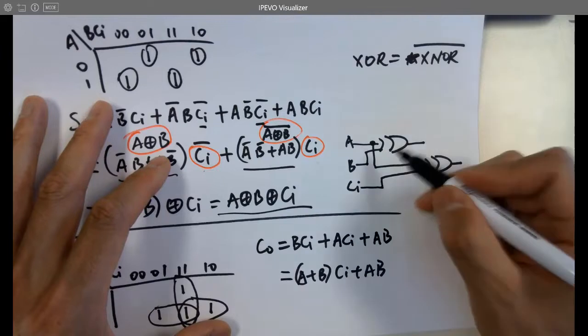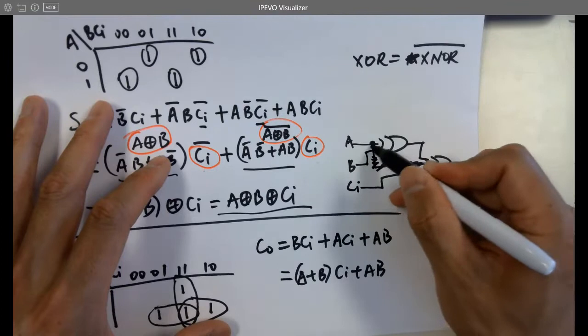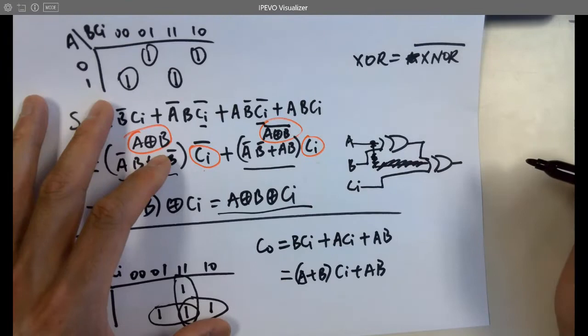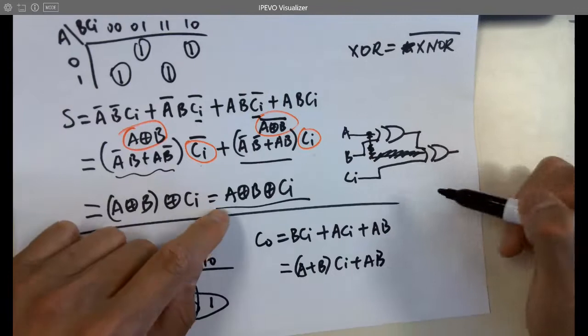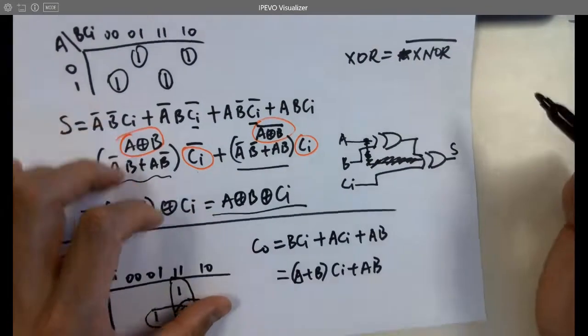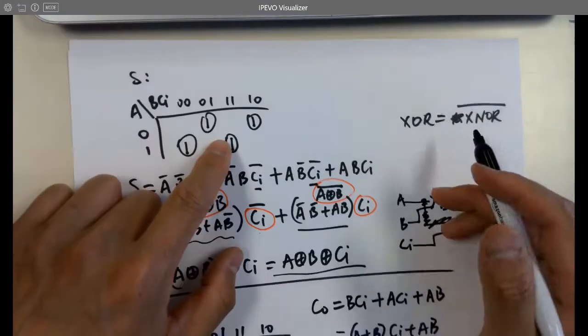Wait, what am I doing here? Sorry. So what's the final output here? So A XOR B XOR CI, right? It's the only option for S. So you cannot group anything, and that's the flat logic.